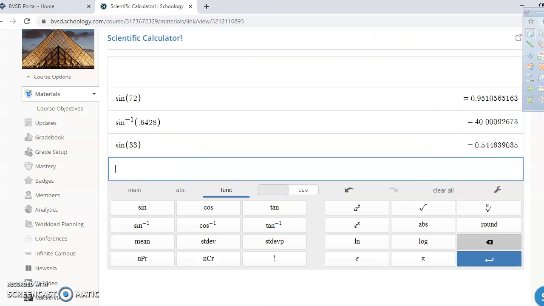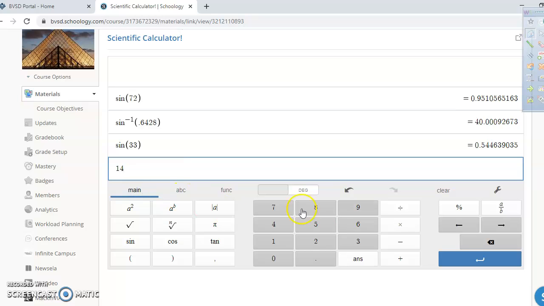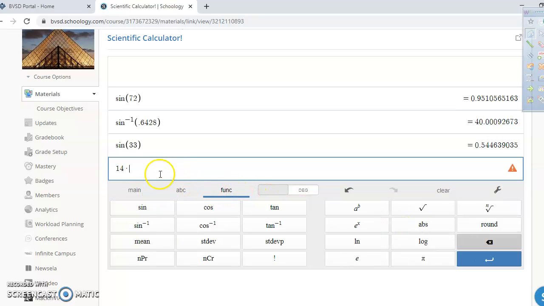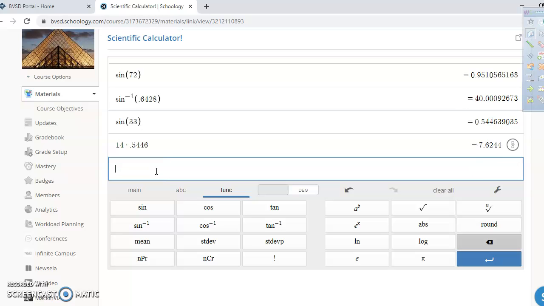Okay, so I go back over to my calculator, and I'm going to write it just like that. 14 times 0.5446, and hit enter. Okay, so what you'll see you come up with here is 7.6244.